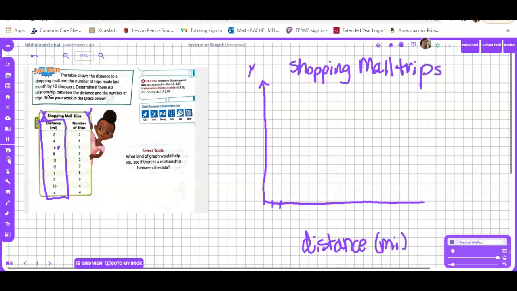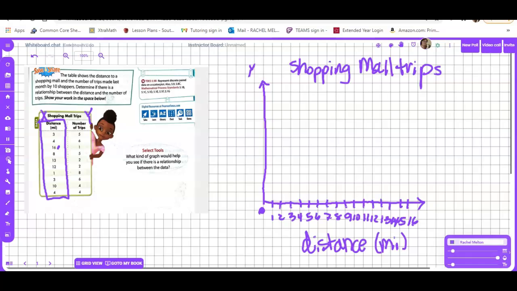So 1, 2, 3, 4, 5, 6, 7, 8, 9, 10, 11, 12, 13, 14, 15, 16. Then I need to label them. Remember that's my 0.